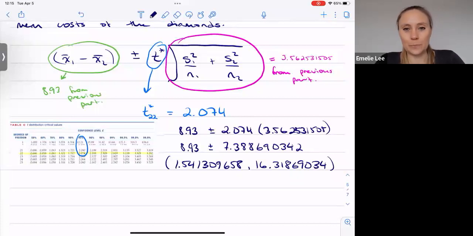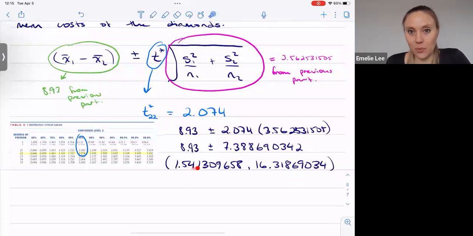And so here, what we're talking about is the difference in point prices, right? So these are differences, and 1.54, if group 1 is the 1 carat diamonds and group 2 is the 0.99 carat diamonds, then a difference of 1.54 means that group 1 costs 1.54 more per point than group 2.